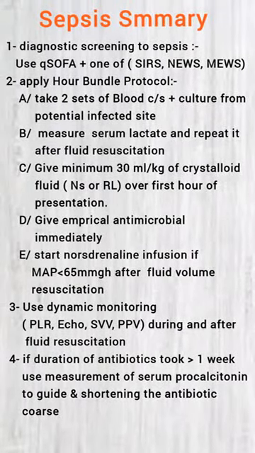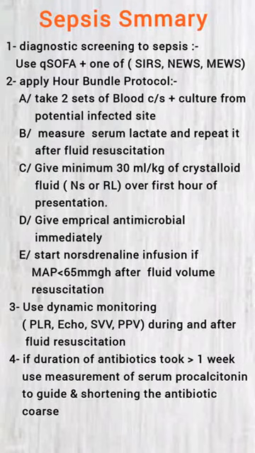This is a very important slide, summarized as an outline of 7 items, starting with diagnosis and screening of sepsis. Use qSOFA with one of the other scores like the systemic inflammatory response syndrome score, the National Early Warning Score, or the Modified Early Warning Score.